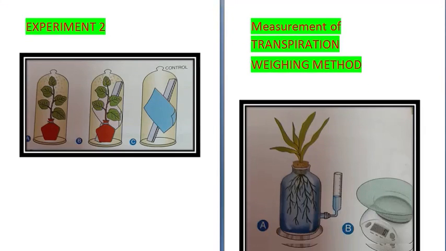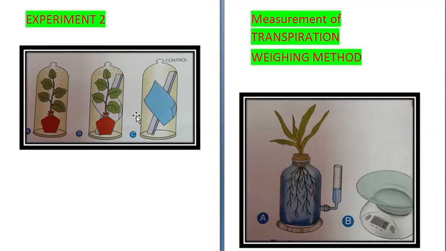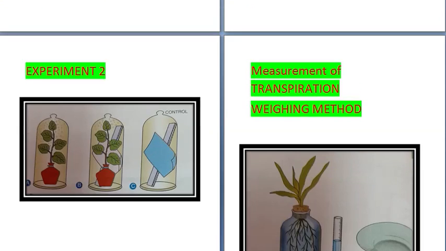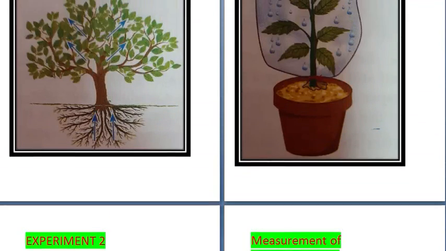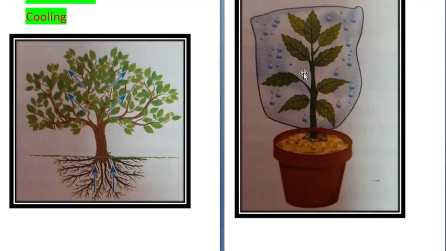Bell jar C is called the control experiment, because it doesn't have the potted plant, and it indicates that if there is no plant, then there will be no loss of water due to transpiration. Transpiration occurs only from the aerial parts of plants. Same way, in the previous experiment in which we had a potted plant, what will be the control experiment?